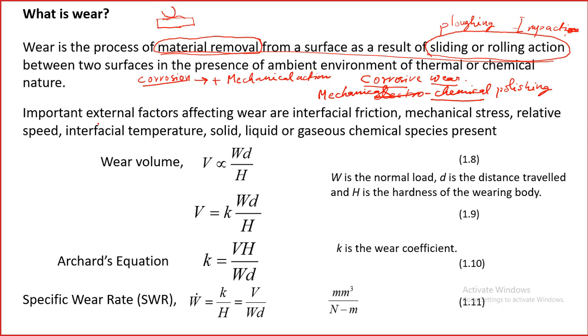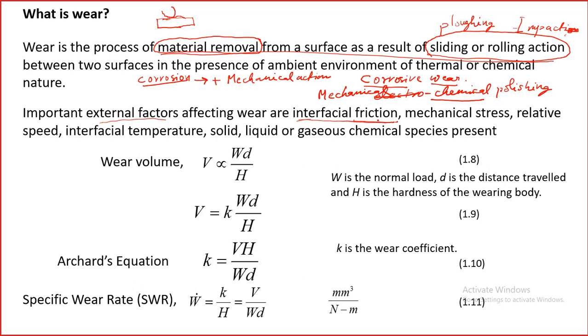Important external factors affecting wear are interfacial friction. Whether you measure it or not, friction is always there. In some processes we measure friction as well, but many times we do not measure friction during the process, but friction is there.